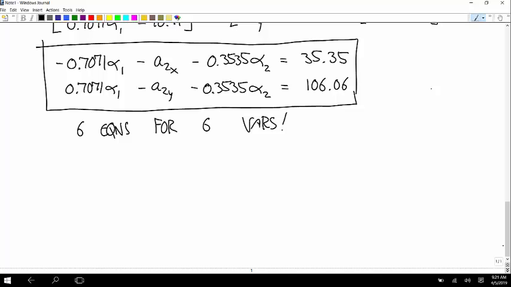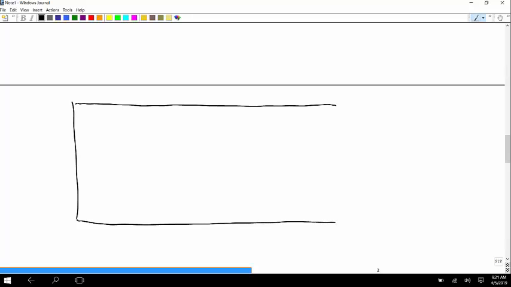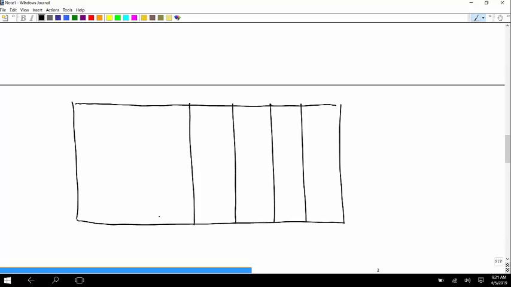And so to solve this, I'll set up an augmented matrix. We're going to have 7 columns and 6 rows.